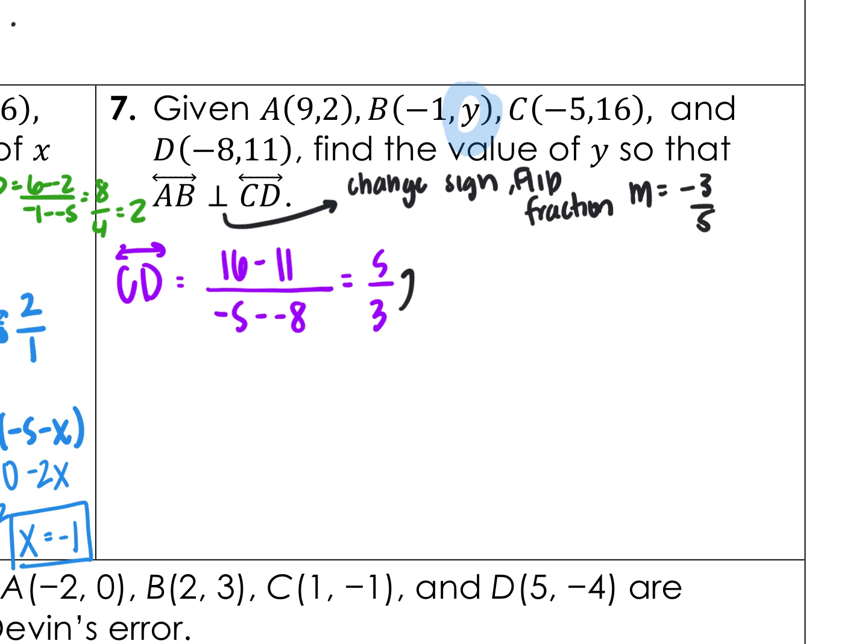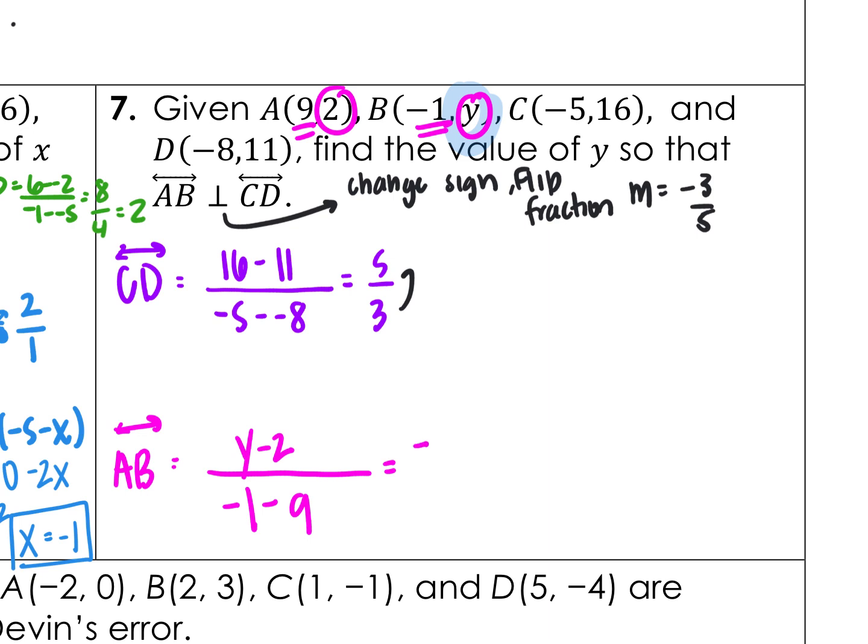So whenever we find our little equation for AB, we're going to set it equal to negative 3/5 because that's what we want our slope to be. So AB, let's plug in what we know. Let's do the change in the y's. So y minus 2 over the change in the x's, negative 1 minus 9. We want that to equal negative 3 over 5.